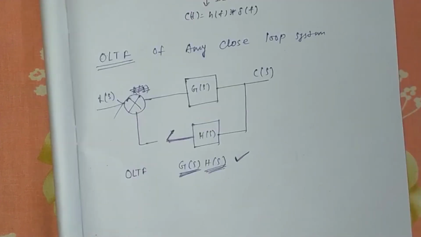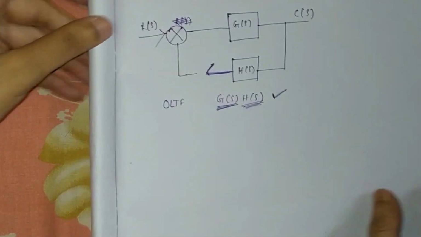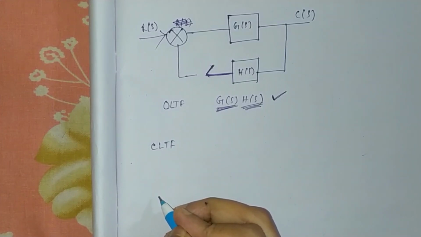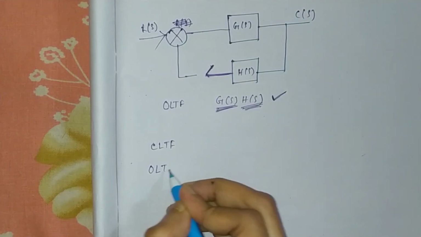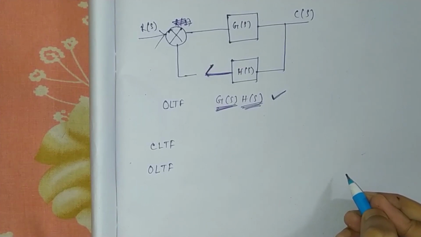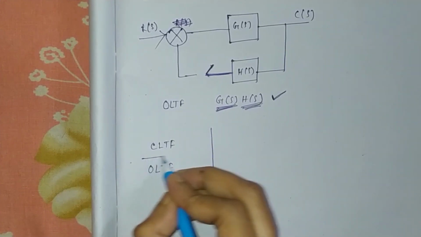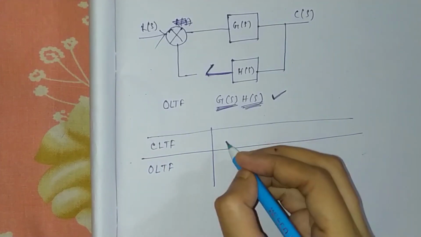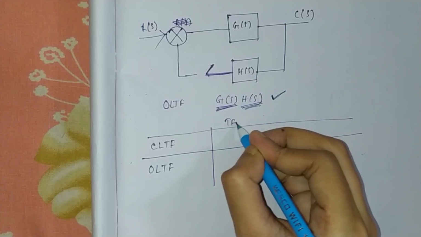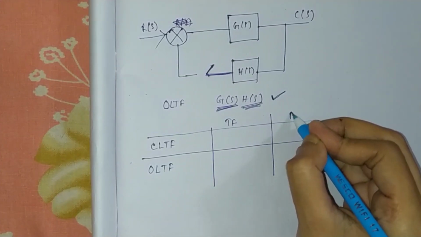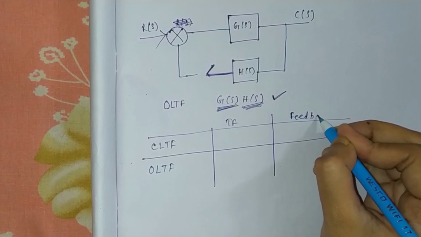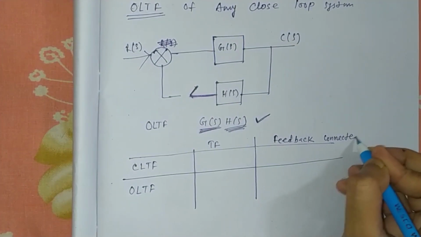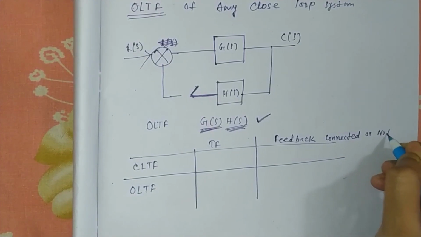So we can make a table, CLTF, closed loop transfer function, and OLTF, open loop transfer function. Here I can make a table with the transfer function, and whether feedback is connected or not.